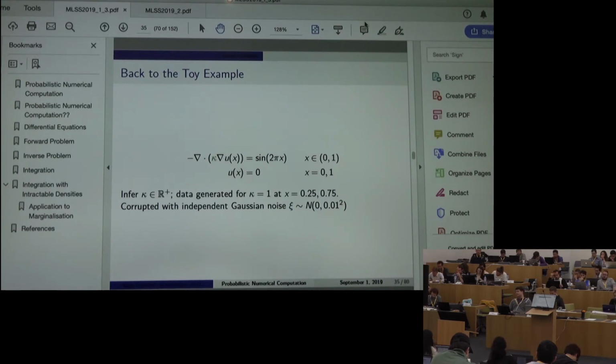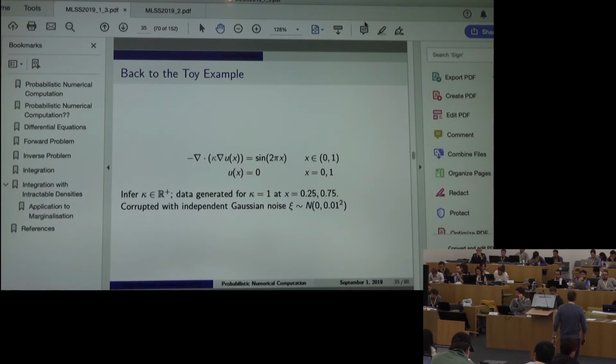We're going to say that kappa is equal to 1, and we're going to make observations of u at x equals 1/4 and 3/4. And those observations are going to be corrupted by some Gaussian noise with those characteristics there. So 0 mean and a standard deviation of 0.01.